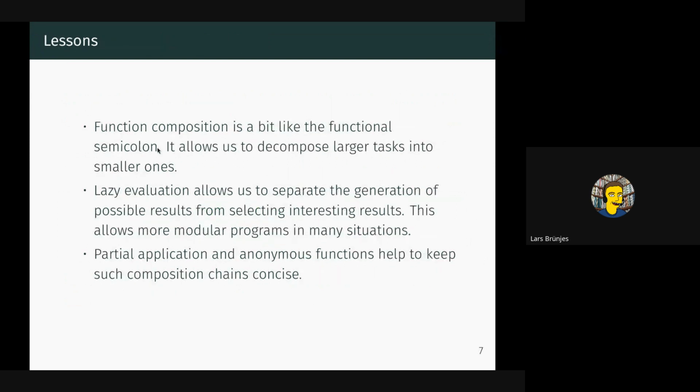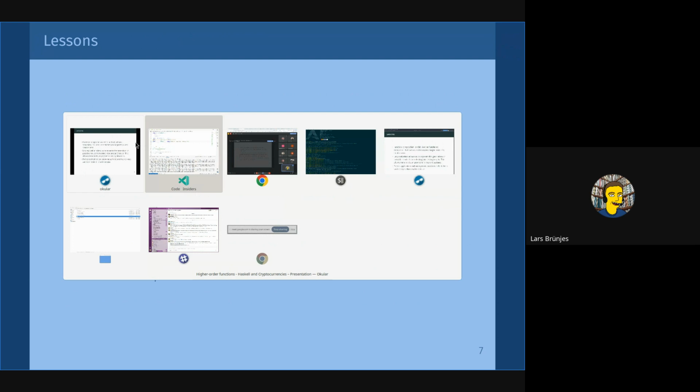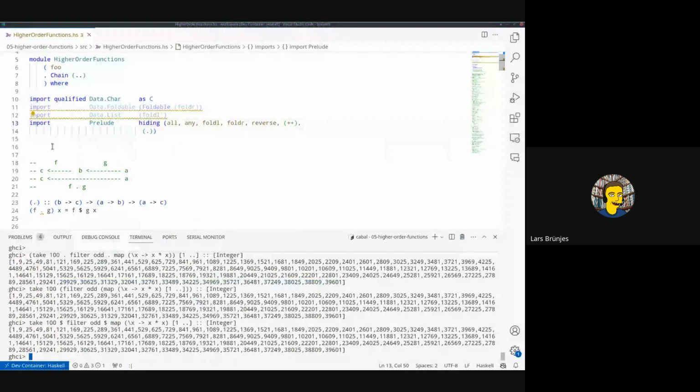Oh yeah, one way to look at it is that function composition is a bit like a functional semicolon. In imperative standard programming languages, you often have a semicolon at the end of a statement, and the semicolon splits statements. You have something like step 1, semicolon, step 2. Often, of course, in different lines, but often you can also write it in one line.